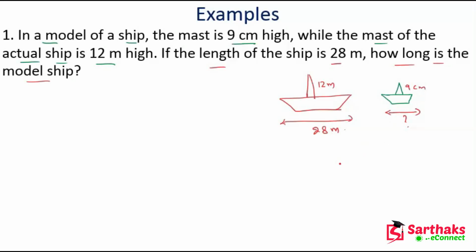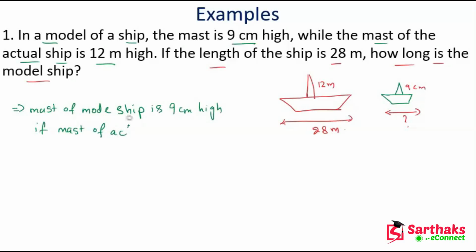So here we can write: the mast of the model ship is 9 centimeter high if the mast of the actual ship is 12 meter.